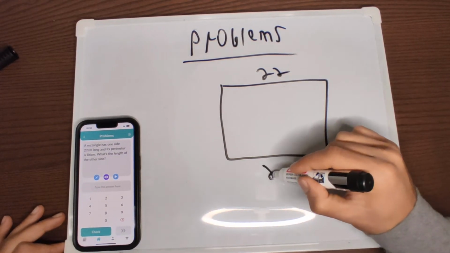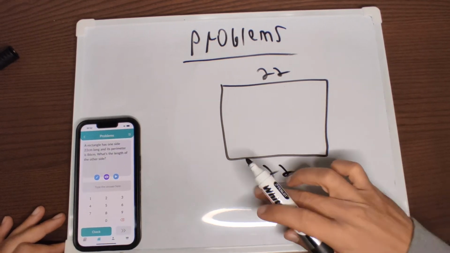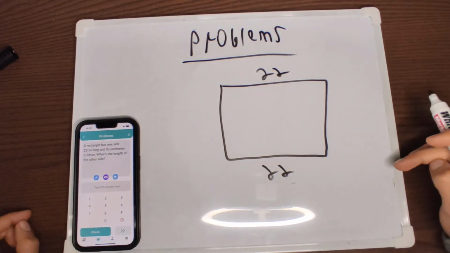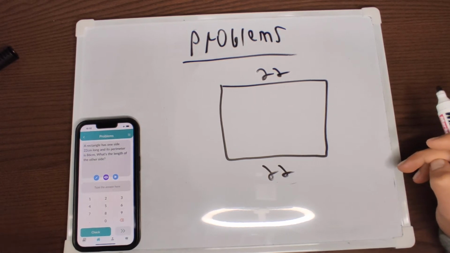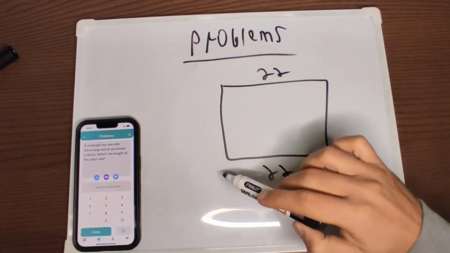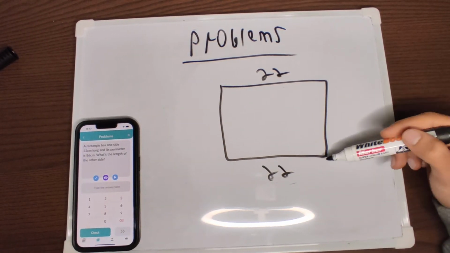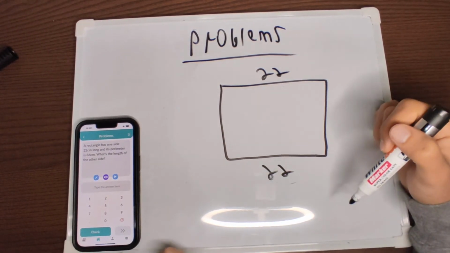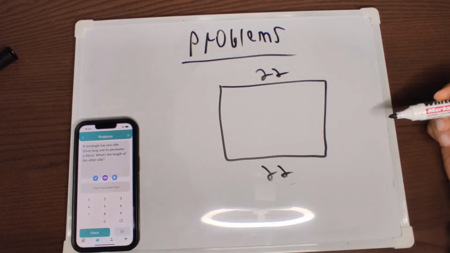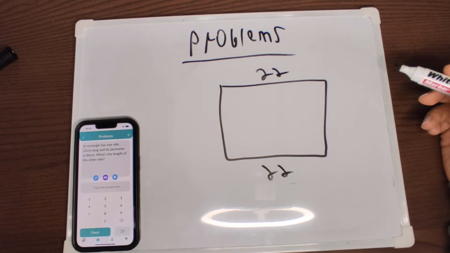So it means that this side is also 22 centimeters. And its perimeter is 86 centimeters. So this edge plus this edge plus this edge plus this edge is 86. But we don't know those edges. So what can we do?